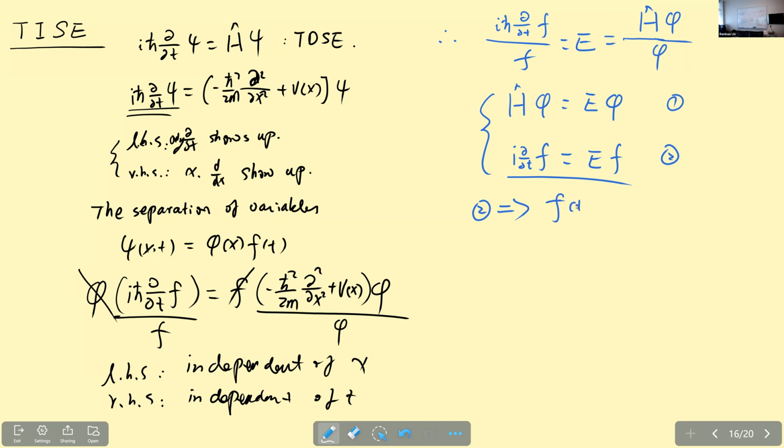That's just f(t) equals e to the minus i E t over h bar, times a constant. This constant can always be absorbed into phi, so we don't need to consider it. That's the solution. So the time dependence will always look like this.